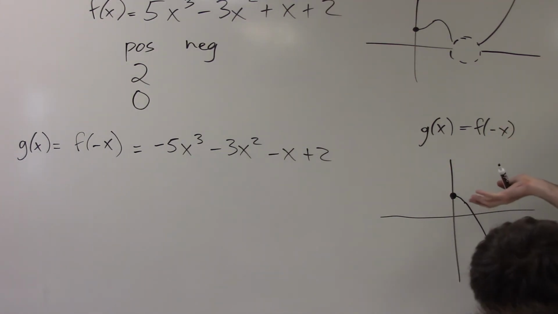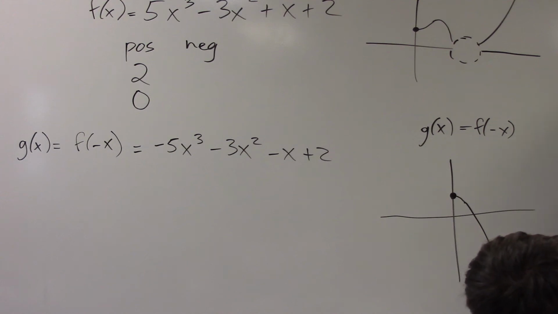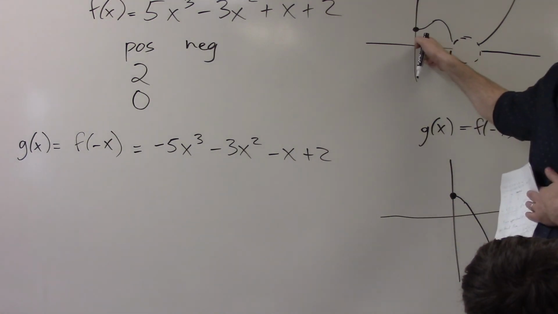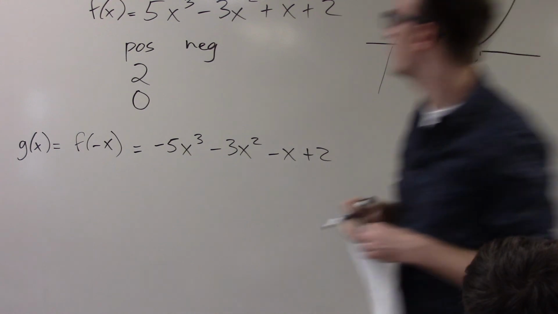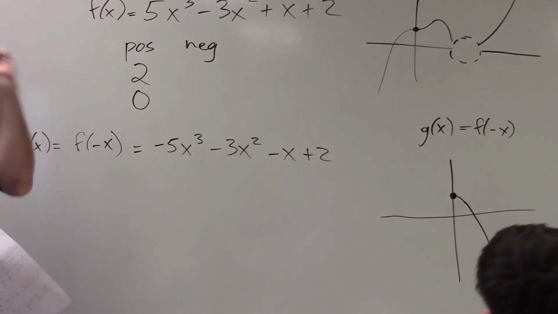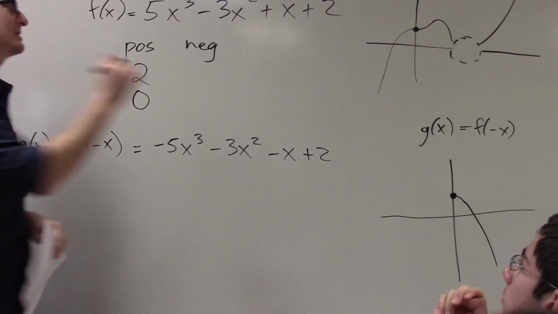But the positive half of g just is the negative half of f, because I defined g to be f of negative x. Therefore, if I know what the right-hand side of g looks like, I know what the left-hand side of f looks like. What does it look like? Down. Therefore, I can say for sure how many negative real roots f has. How many? 1 guaranteed.